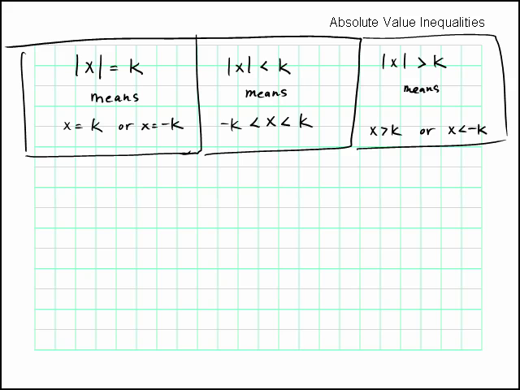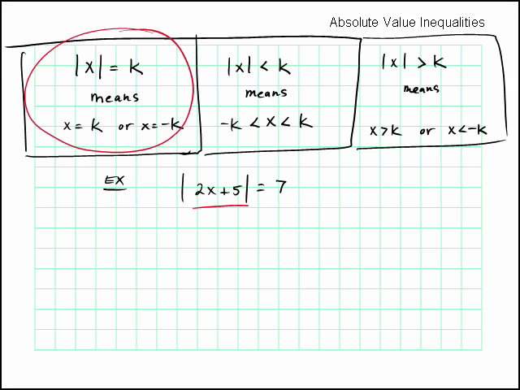So let's do an example of that. For example, absolute value of 2x plus 5 equals 7. Now this is an absolute value equation, so I'm going to use this pattern right here.